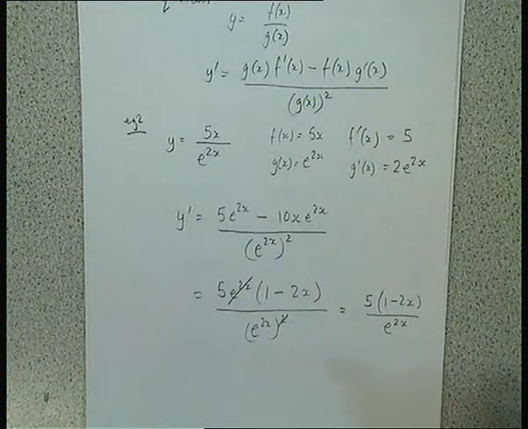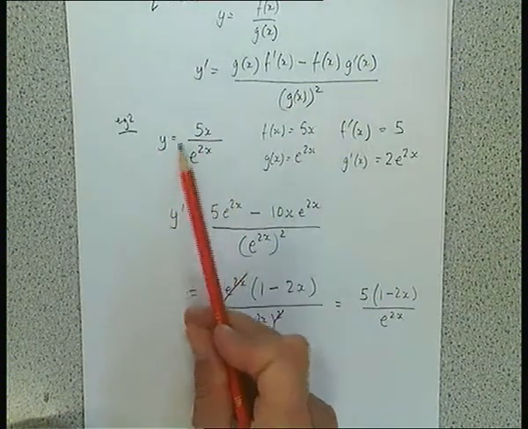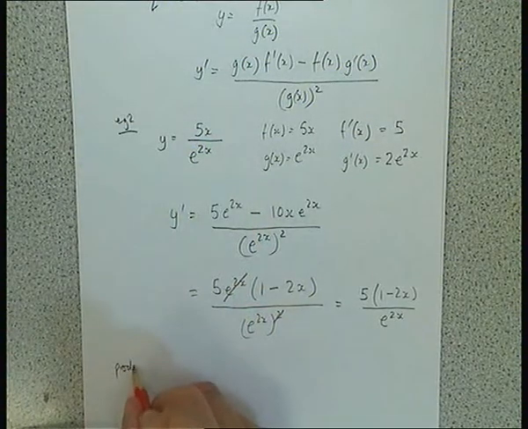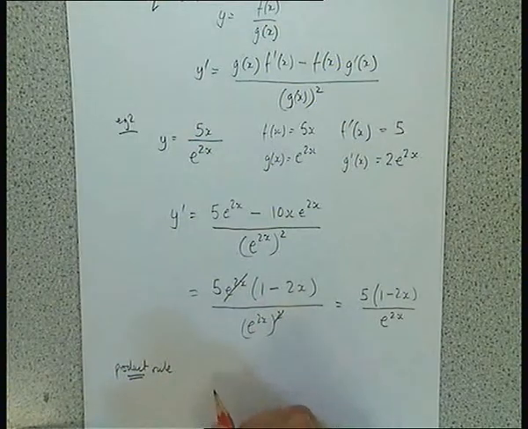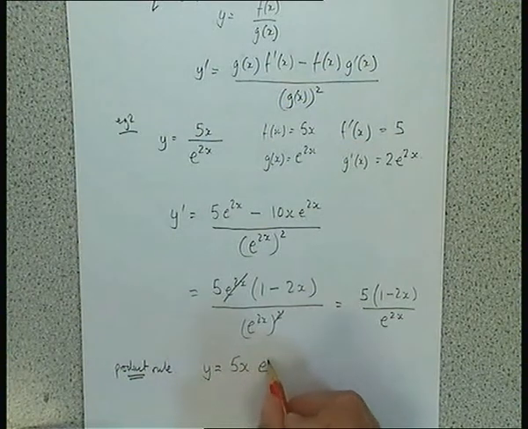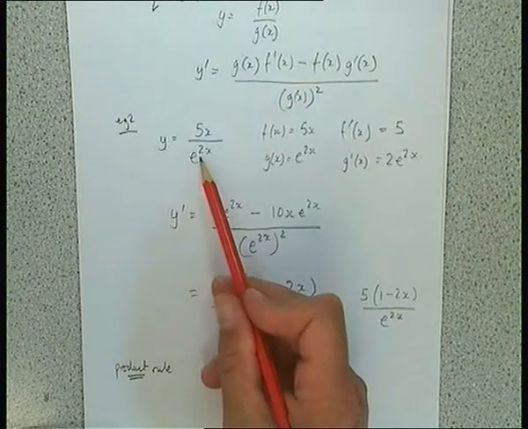Now, if I wanted to, rather than use the quotient rule here, I can use the product rule. But this time I would write it as y equals 5x multiplied by e to the minus 2x, because that's what 1 over is here.